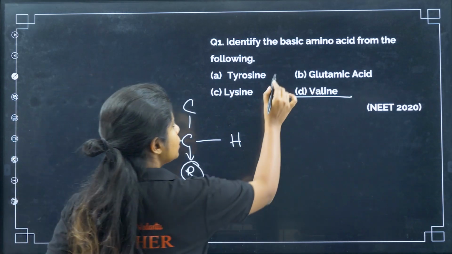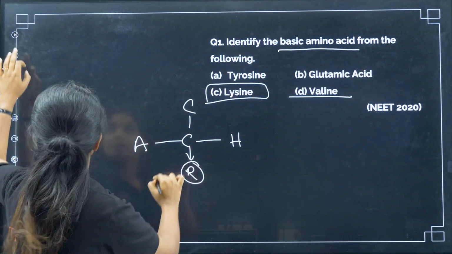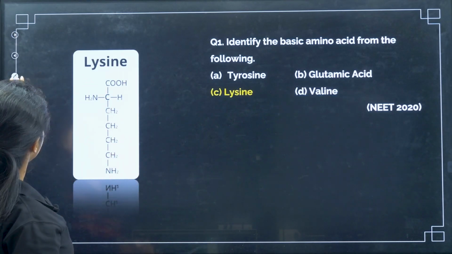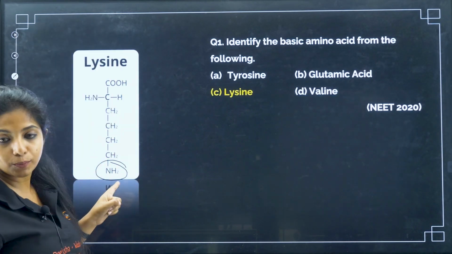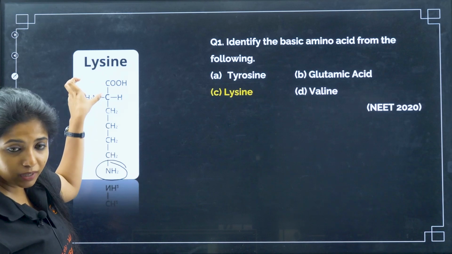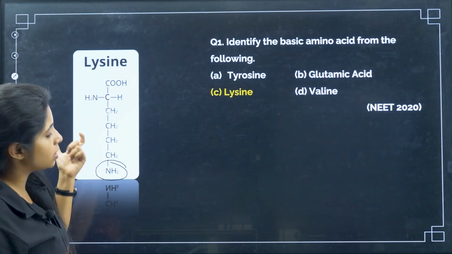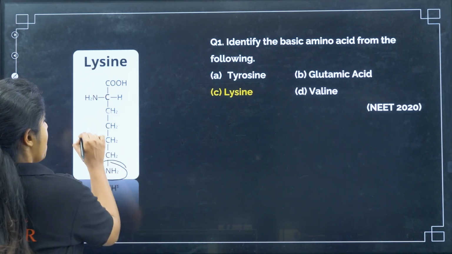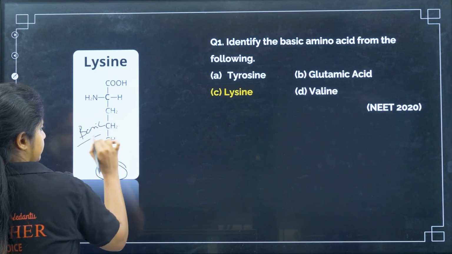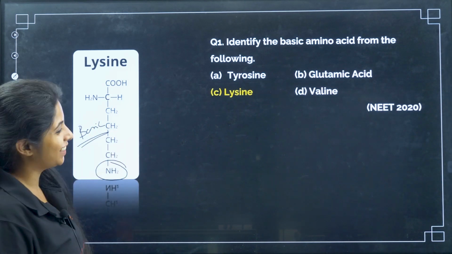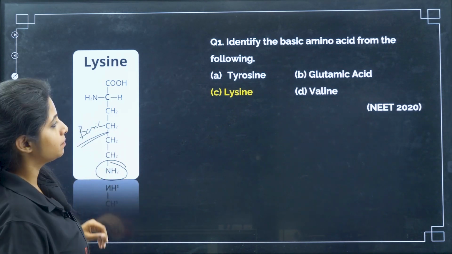Okay, you are asked about the basic amino acids. Your answer should be lysine. Lysine looks like this. So I told you it will be having an amino group. So amino group is this, and this contributes apart from the normal amino group which is there. In the R chain also there is an amino group which contributes to it being what? Basic in nature. Works? Okay. So it can become NH3 and things like that.